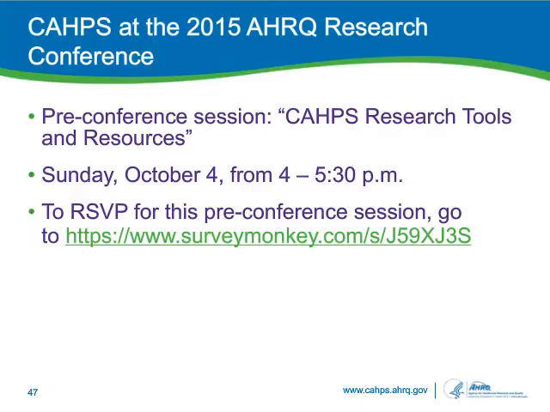We're hosting a special session on Sunday, October 4th from 4 to 5:30 in the afternoon on CAHPS research tools and resources. And you can RSVP for that by hitting the URL available on this slide. And again, the slides are available for downloading.